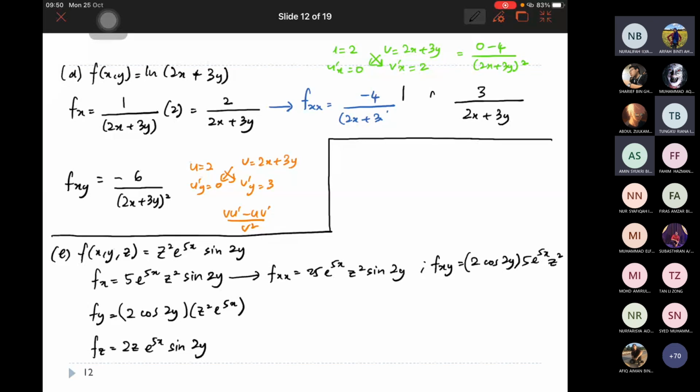So that is your fxy. So dapat, or it will become 10 cos 2y exponential 5x z squared. That is fxy.